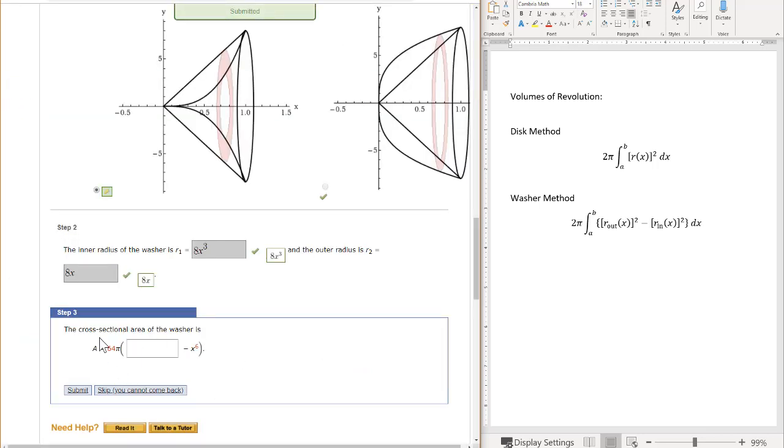Now the cross-sectional area of the washer, the outer one goes first.